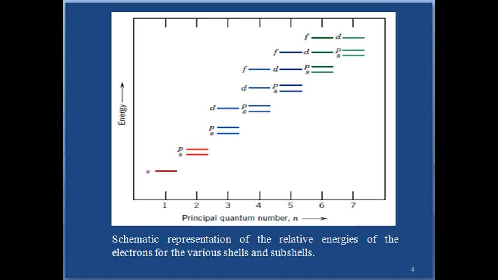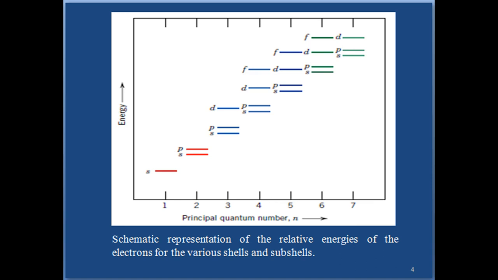Second, within each shell, the energy of subshell level increases with the value of l quantum number. For example, the energy of a 3d state is greater than a 3p, which is larger than 3s.